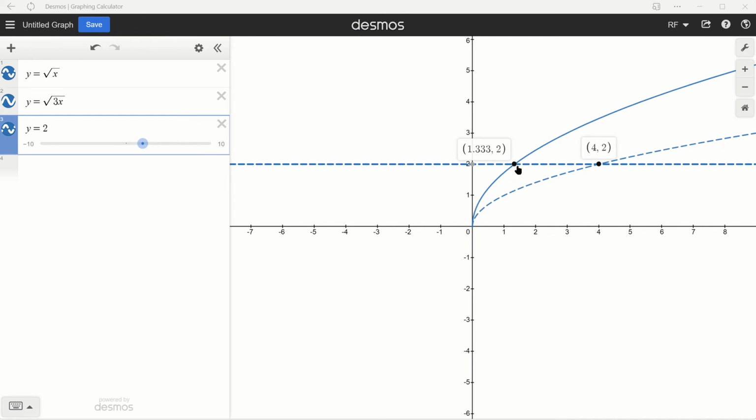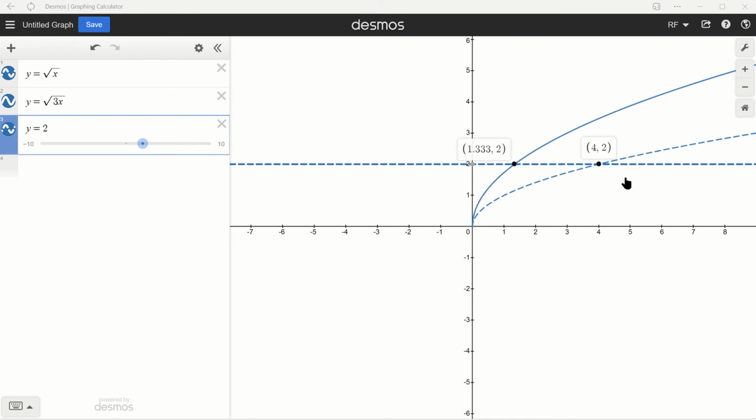Now, notice that at the same elevation 2, the modified graph, the square root of 3x, has an x value that's 1/3 the value of the x value for the original graph of square root of x. This is what we mean by horizontal compression, okay?